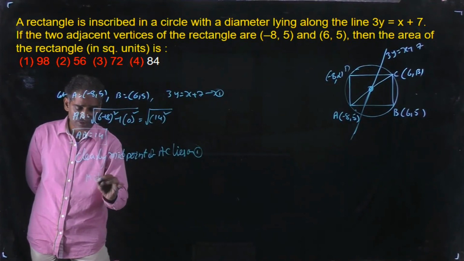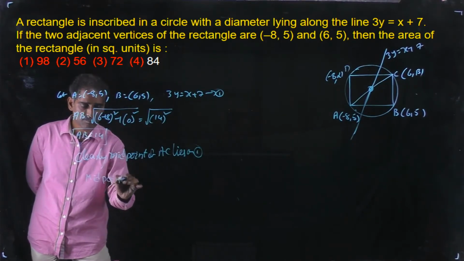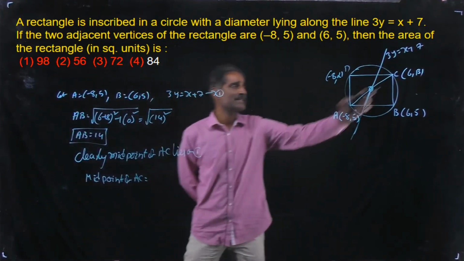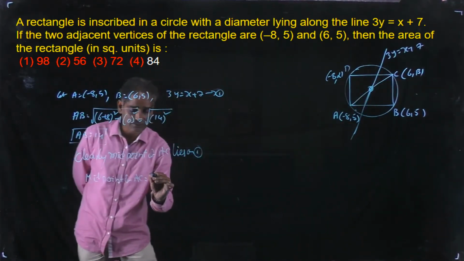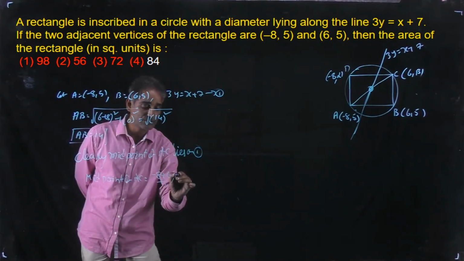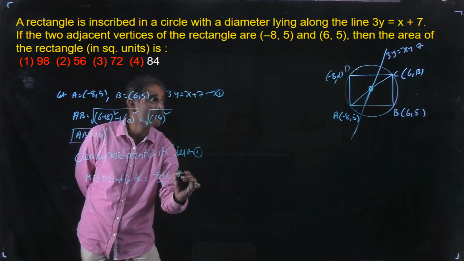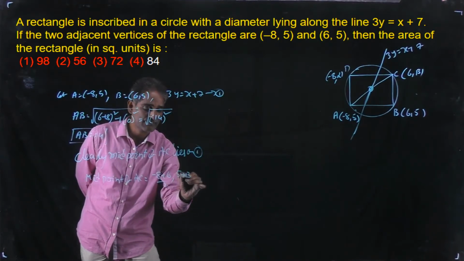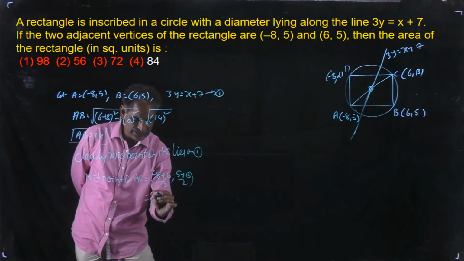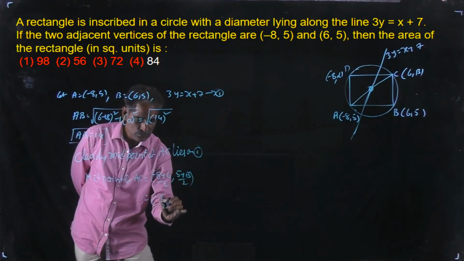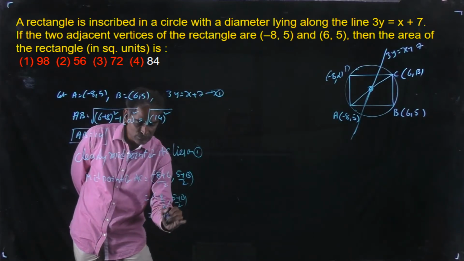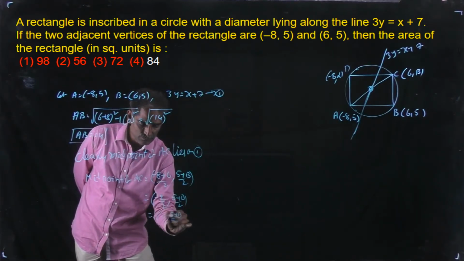The midpoint of AC is ((x1 plus x2) by 2, (y1 plus y2) by 2), that is ((-8 plus 6) by 2, (5 plus beta) by 2). This is equal to (-2 by 2, (5 plus beta) by 2), which is equal to (-1, (5 plus beta) by 2).